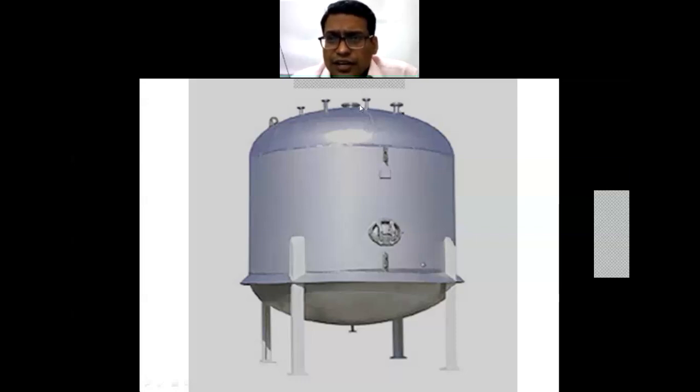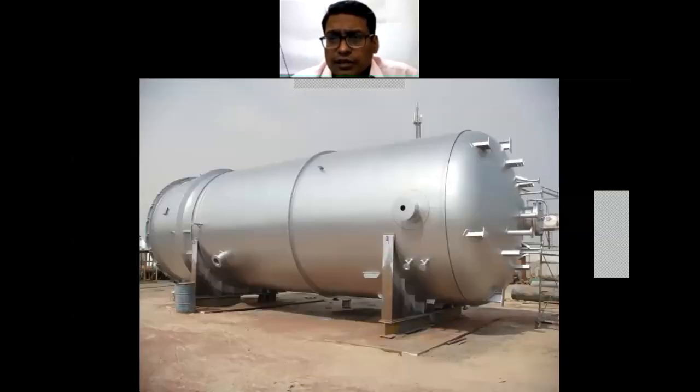All these are the different attachments that will be provided, and then there is the leg support, the four different legs welded to this vessel so that it can be stable at its position itself. So this is the general assembly of the vessel.